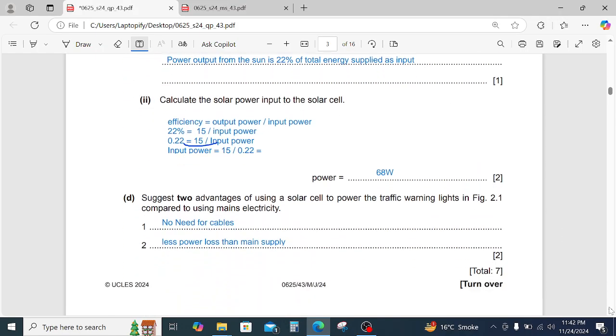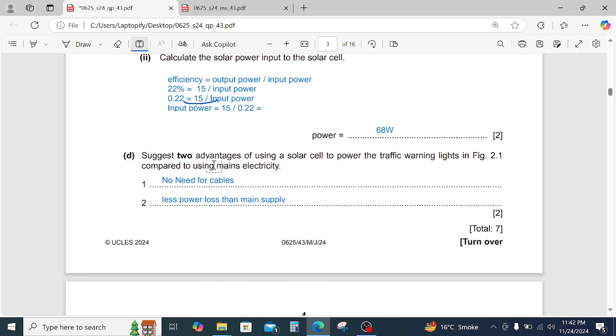So next is, give two advantages of using a solar cell to power the traffic warning lights instead of main electricity. Nowadays, in this 21st century, people are moving towards solar cells. Basically this is the cheapest source of energy.